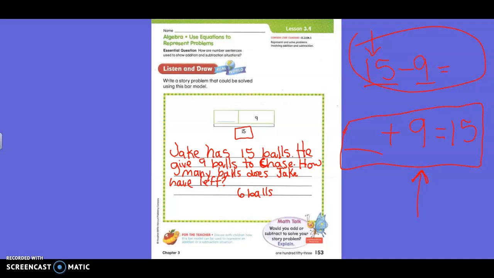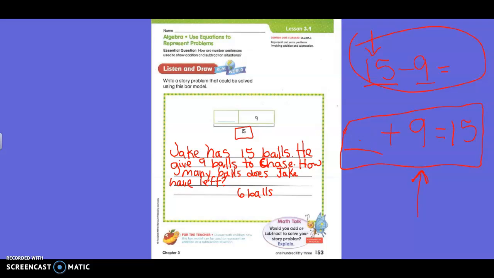We could say Jake, his grandma gave 6 more balls to him or something. Well, we could say Jake has some balls. We don't know how many. He has some balls. Chase has 9 balls. How many balls would Jake have?